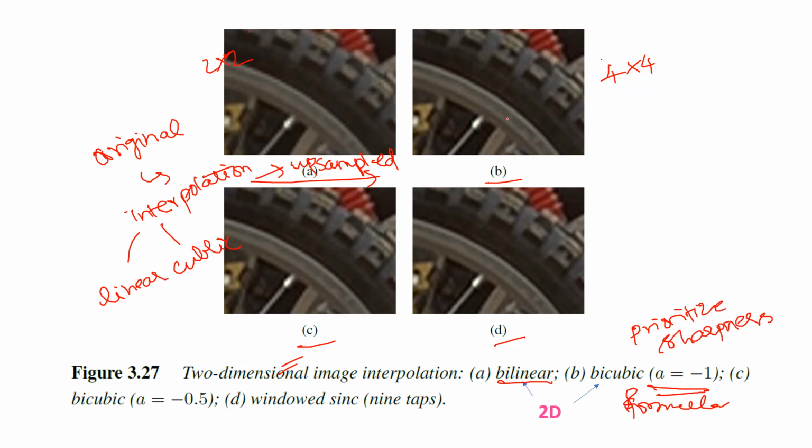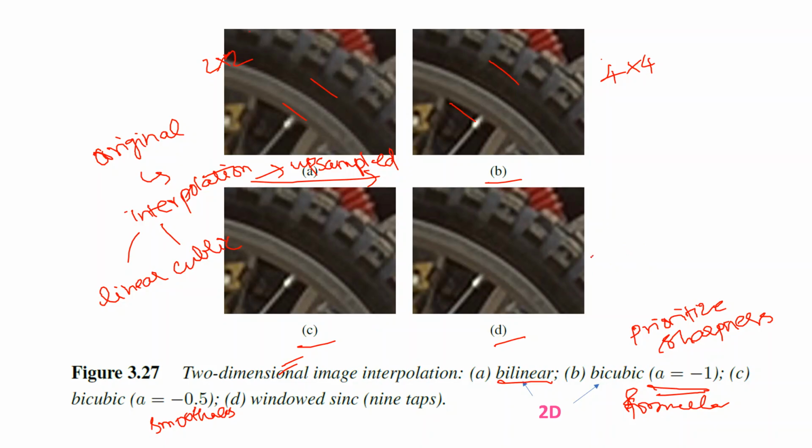On comparing A with B, some details are sharper. You can see this part. This is much sharper when compared to the bilinear one. When A equal to minus 0.5, it prioritizes the smoothness. When compared to bilinear, it is not that sharp, and it is not that blurred either.